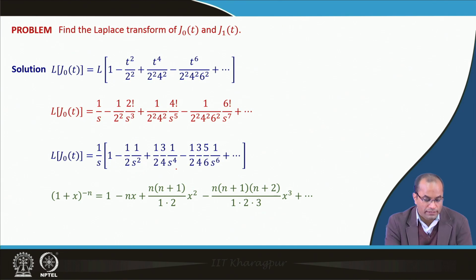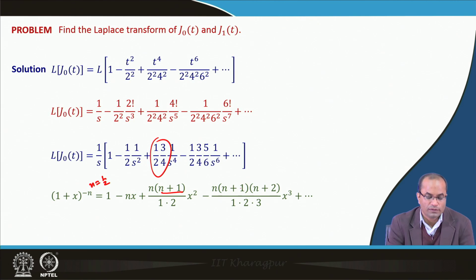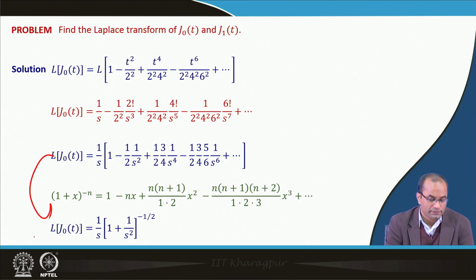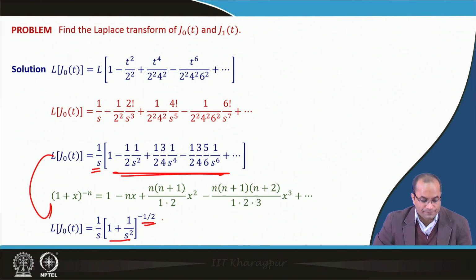So when n is half, we have 1 minus 1 by 2, n is half, then half, and then 3 by 2. So we will get precisely this one. Here also we have n half, we have 3 by 2, and we will get also here 5 by 2. So that can now be written as 1 over s times 1 plus 1 over s squared, to the power minus half.